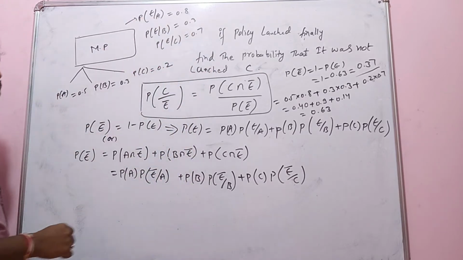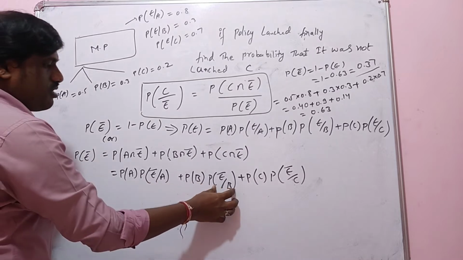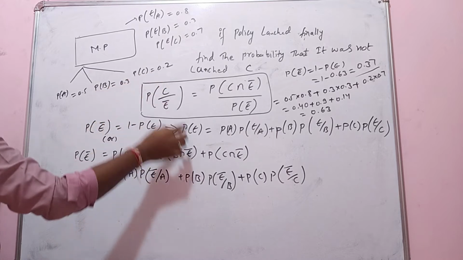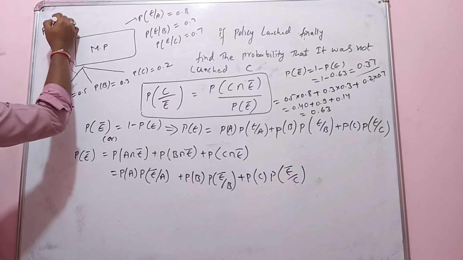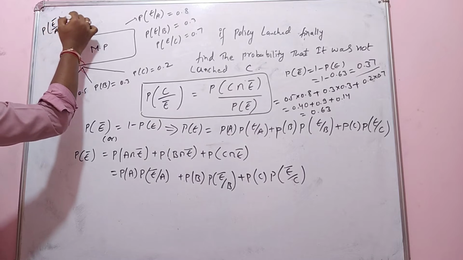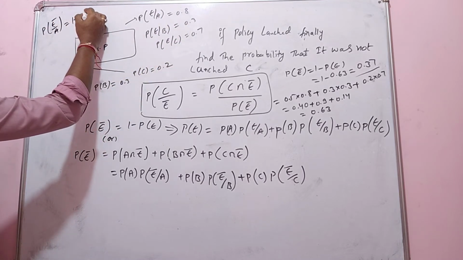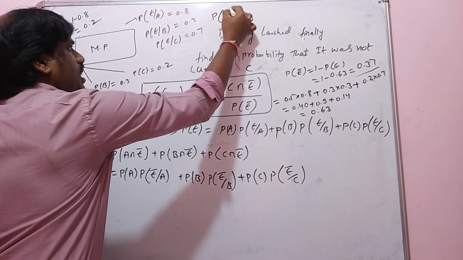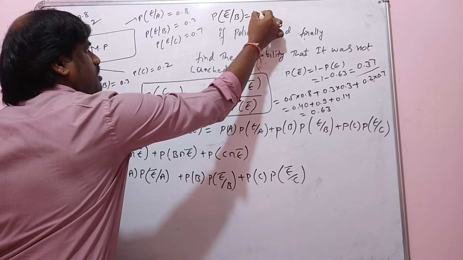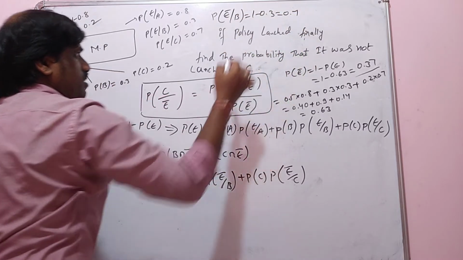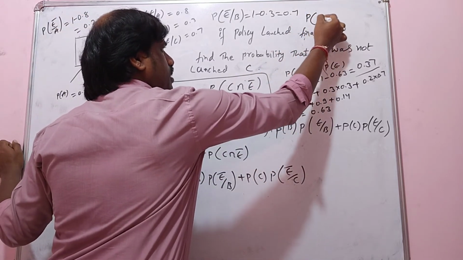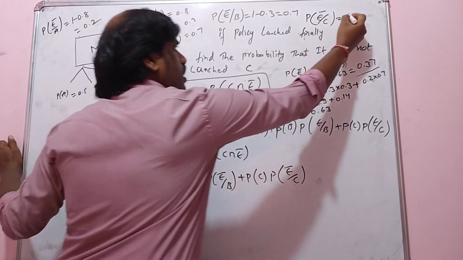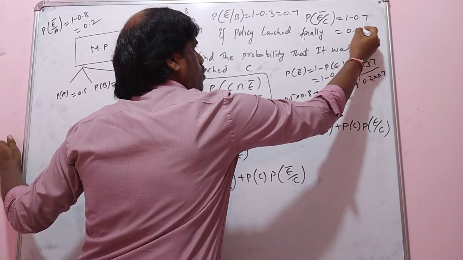E bar upon C will be 1 minus 0.7, that is 0.3. You substitute these here.